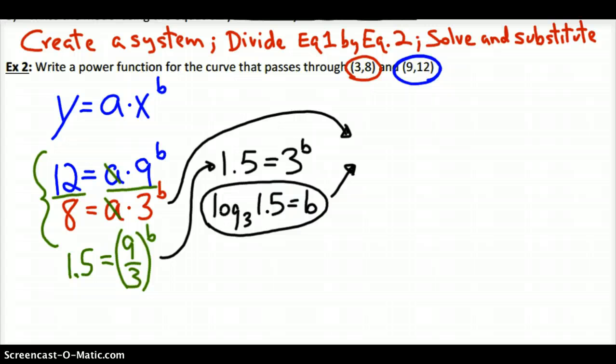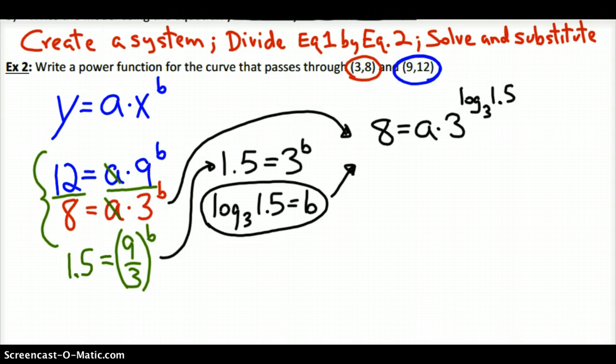So I'll still have 8 equals a times 3. And now my power is this log base 3 of 1.5. Now looking at this, we say, holy cow, there's a lot of stuff going on here on the back end of this. But recall that when I have the 3 to the log base 3 of 1.5 power, these are kind of inverses of one another.